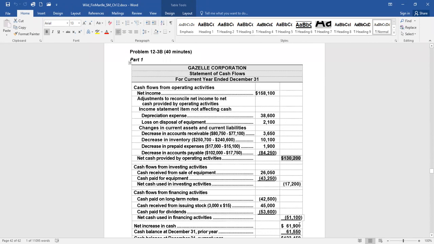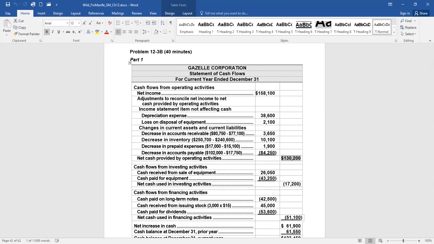Now remember, our statement of cash flow has two other sections: cash flows from investing activities. This is where we show how cash is impacted from the purchase and sales of long-term assets.